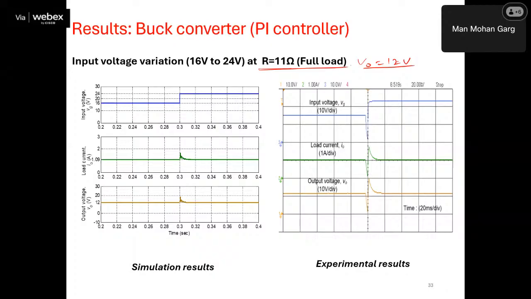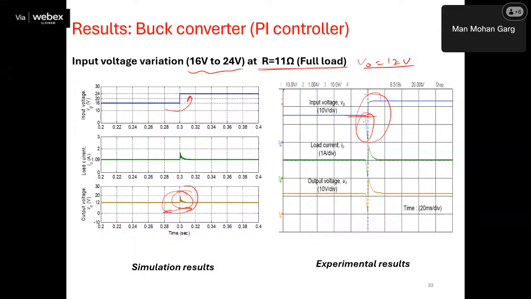It is not varied, but we are changing the input voltage. When we shift from 16 to 24, we get some overshoot, but after some time it settles. The same is observed in hardware. You can ignore this spike, because we were changing this voltage using some mechanical, electrical arrangements only, not a fast switch.